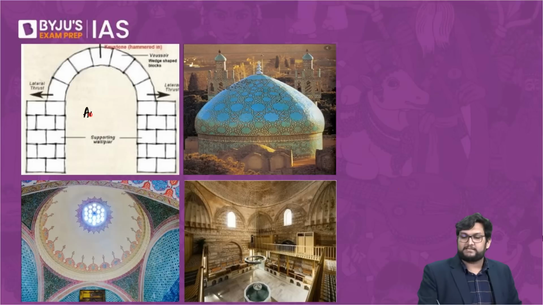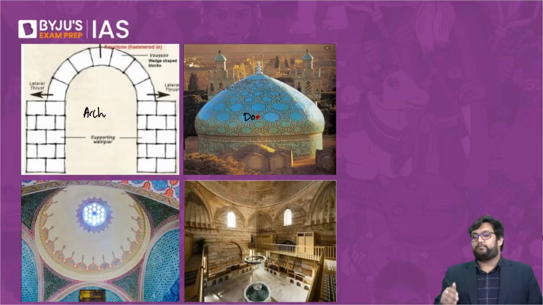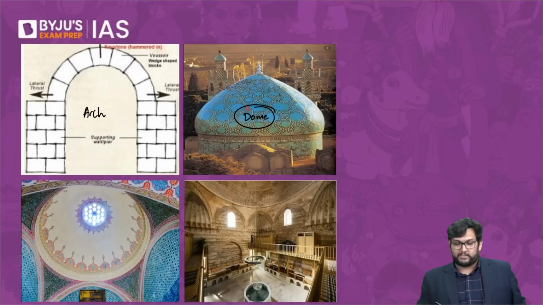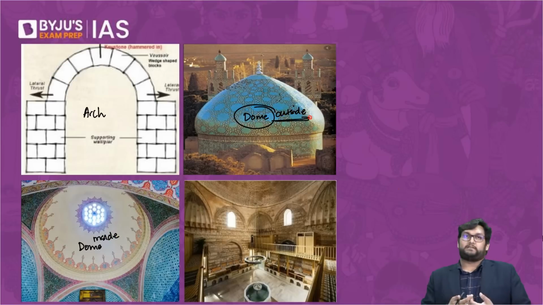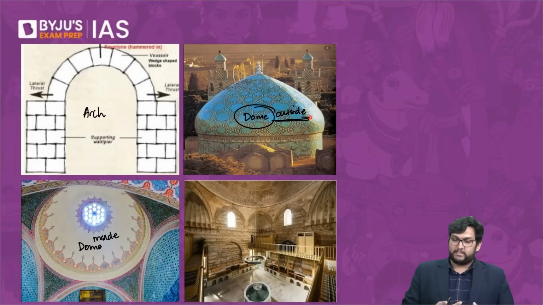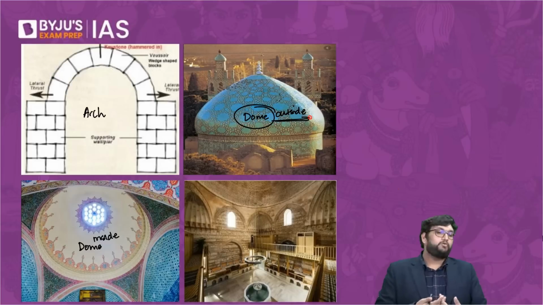This is the Istanbul, what is called the iconic Turkish dome. This is dome inside. This is dome outside. Now again, I cannot believe and cannot understand that you've not seen it. You have seen it for sure. You don't know. So dome and arch. Dome is like gumbad. Gumbad is the Urdu word for dome.